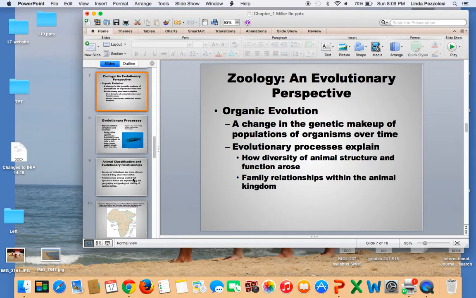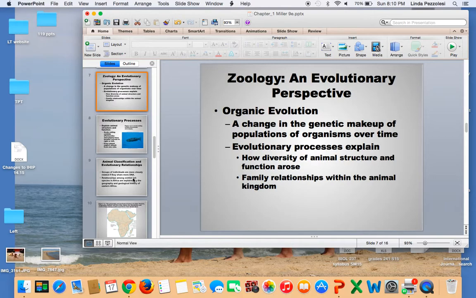Organic evolution. The reason that we put organic in front of evolution is because evolution is also used in common language just to mean if things evolve, they change. But here, organic evolution is referring to simple biological evolution and infers that the genetic makeup of populations in organisms change over time.